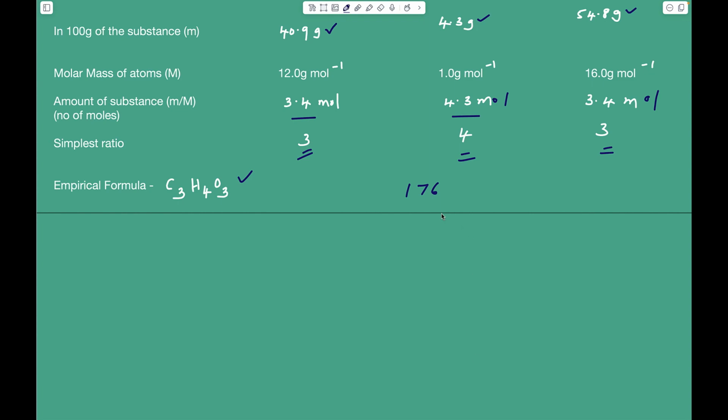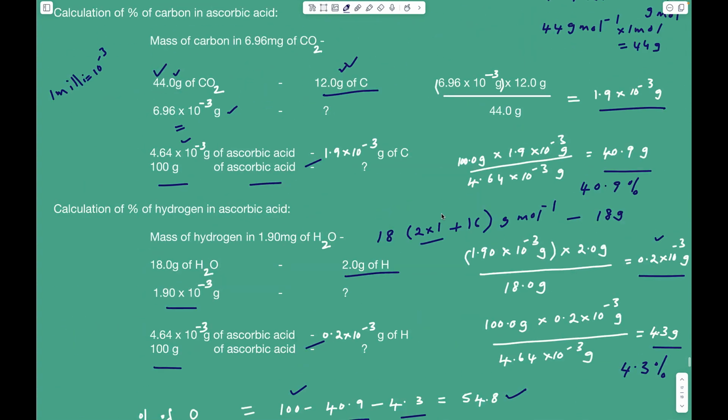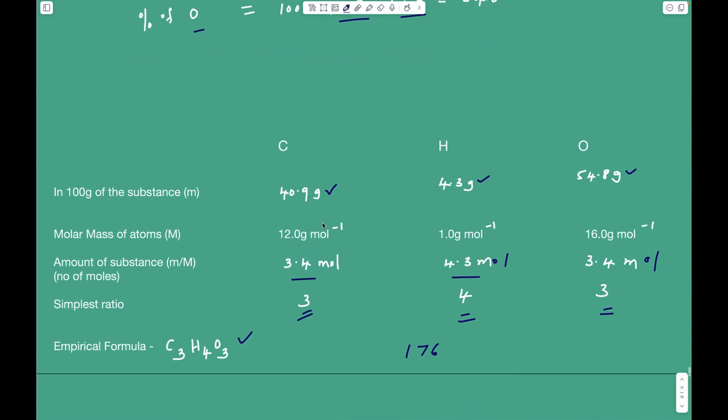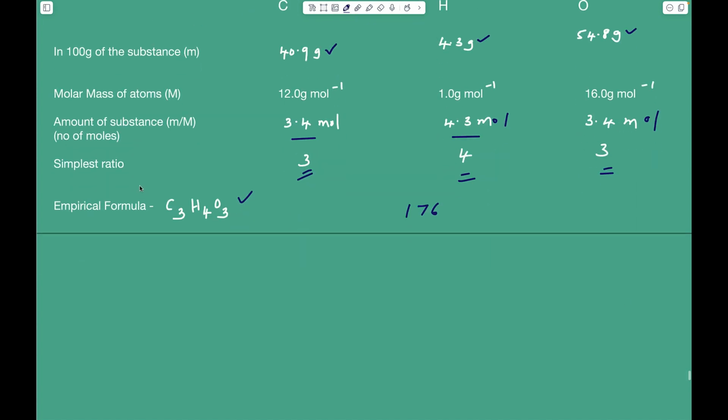But in this example, we are not given the percentage compositions, but we are given the masses of carbon dioxide and water vapor produced when a given mass of the substance is completely burned in excess oxygen. So from this data, you first have to figure out the percentage composition of that compound, then follow the steps to determine the empirical formula.